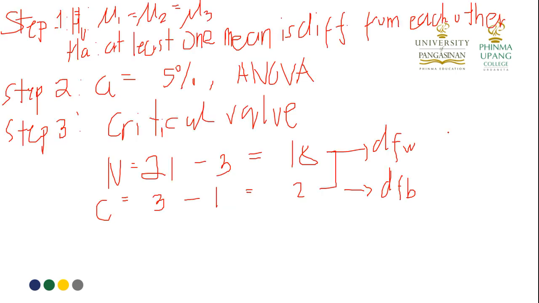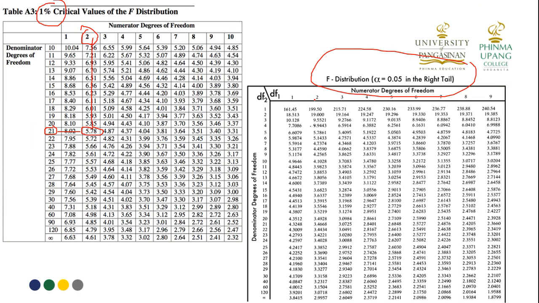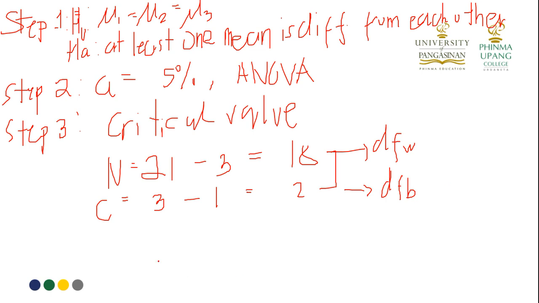Okay, sa table, 2 at 18. 3.55. 2 decimal places lang kunin natin. So the critical value is 3.55. Next, step 4.